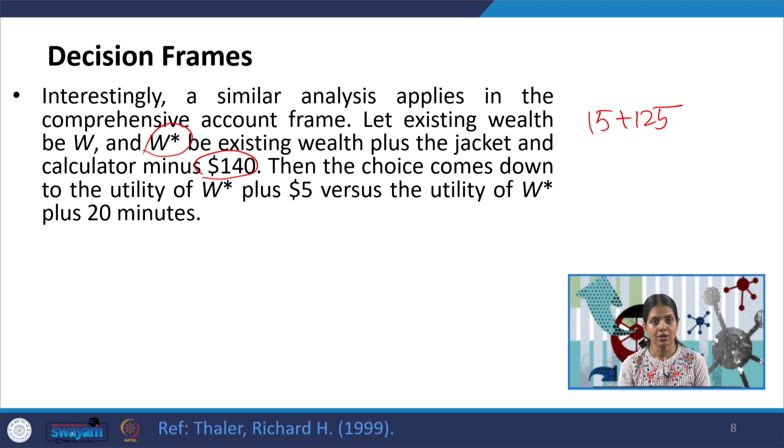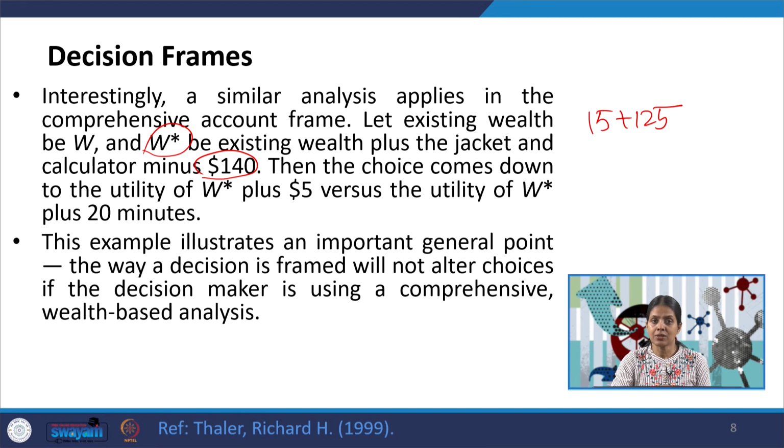Since you do not actually own them, 140 is subtracted from it. Then the choice comes down to the utility of W star plus $5 versus W star plus 20 minutes. So, that is another way of looking at it when you go for a comprehensive account frame.